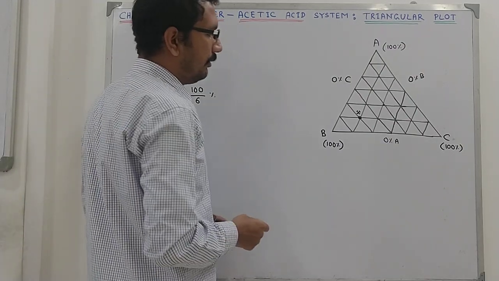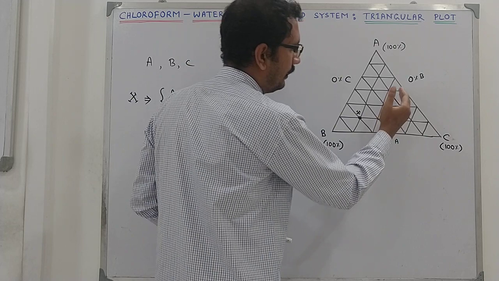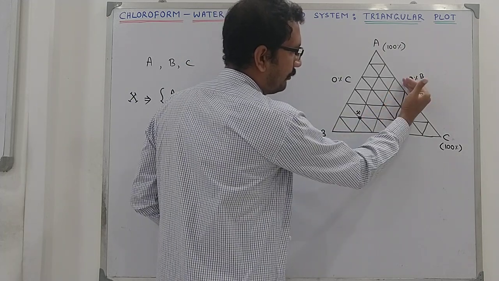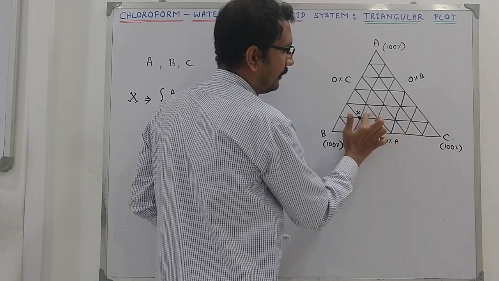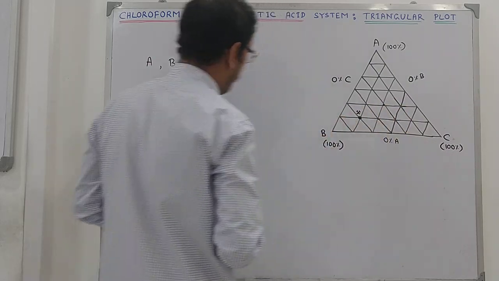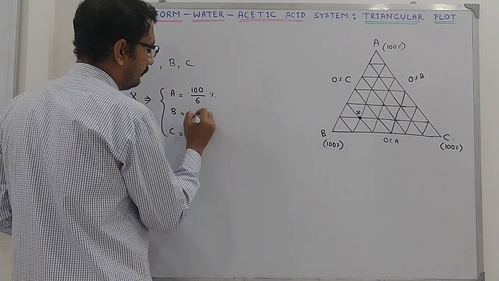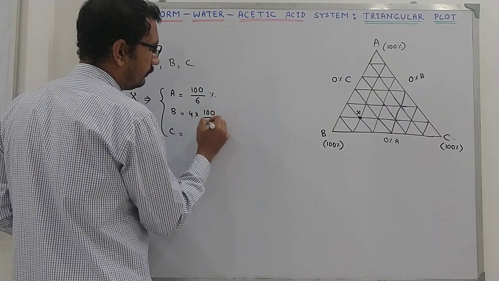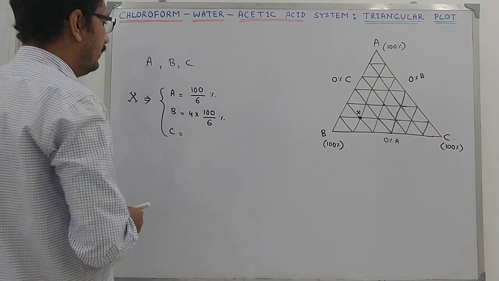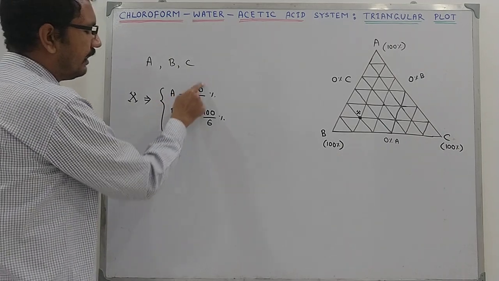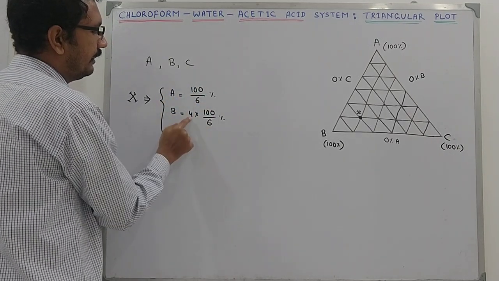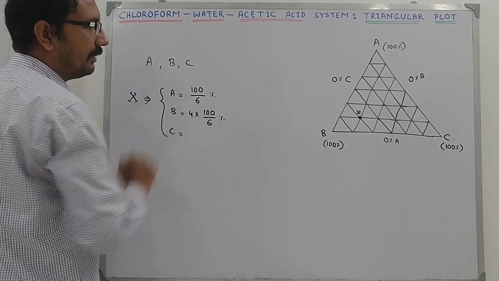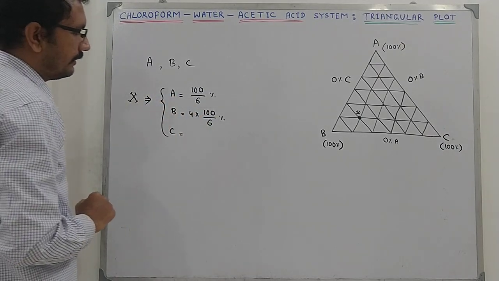Now, what about B? You see, to find B, you have to approach from this baseline. So you are getting 1 step, 2 step, 3 step, and 4 step. So it is 4 into 100 by 6%. Now this is 1 into 100 by 6 and this is 4 into 100 by 6. So in total you got 5 into 100 by 6.